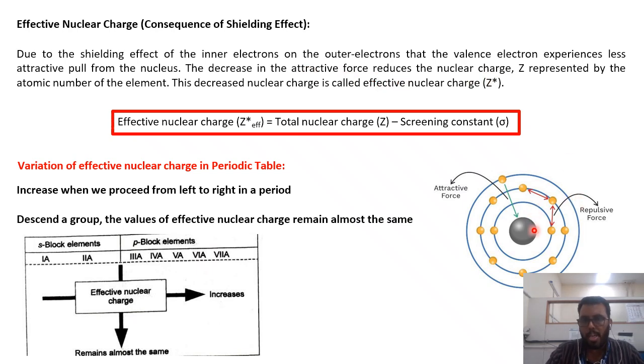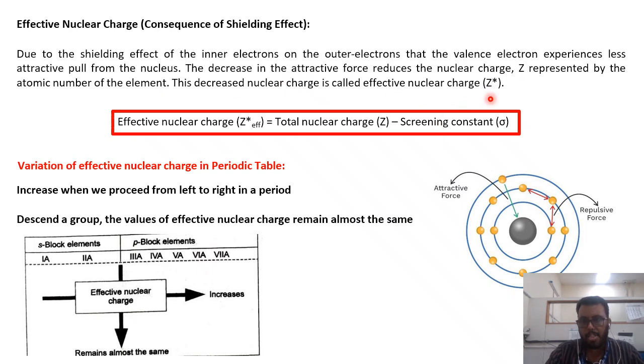The more the attractive force, for example, the more the nuclear charge will be. If there is a decrease in the attractive force, then your nuclear charge will be reduced. Here Z is represented by the atomic number of the element. You can calculate this effective nuclear charge using a formula.